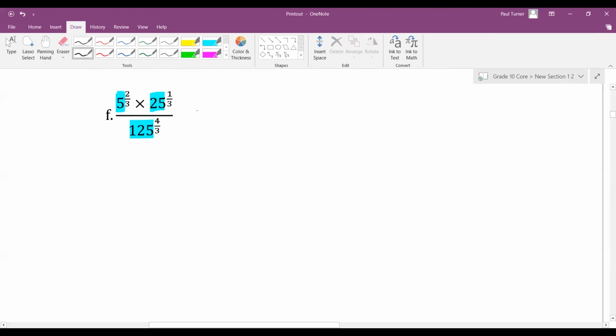So 5 to 2/3 is okay, so we leave that alone. Now 25 is 5 squared, so we put square here, and then that's 1/3. Now 125 is 5 cubed, and this is 4 on 3.